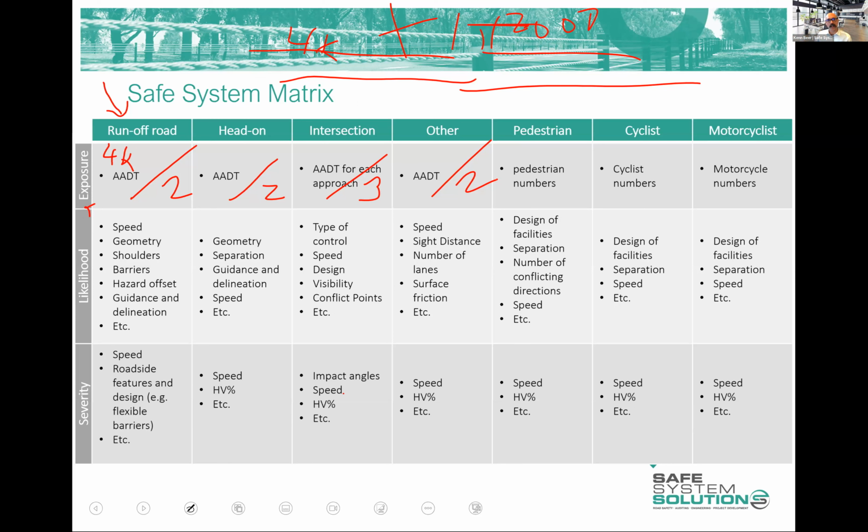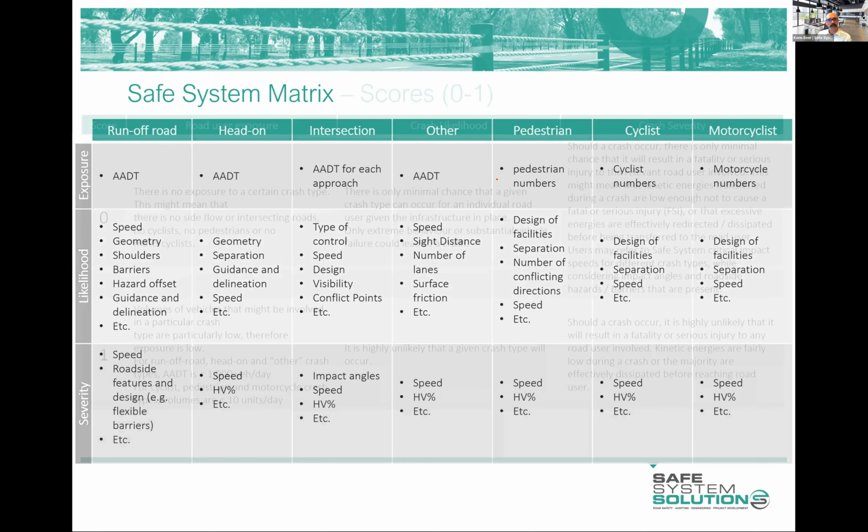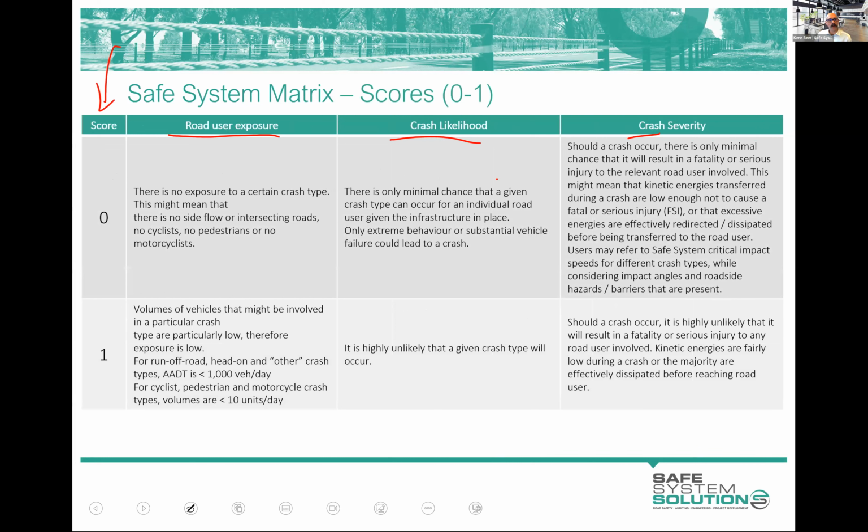So let's talk about a hypothetical here, maybe we're out in a rural area and we don't have many pedestrians at all. Maybe very occasional pedestrian crossing, less than 10 per day, we think. So that's a 1.